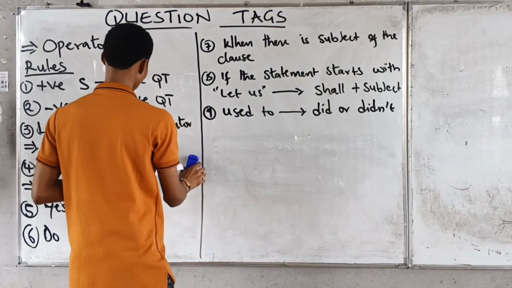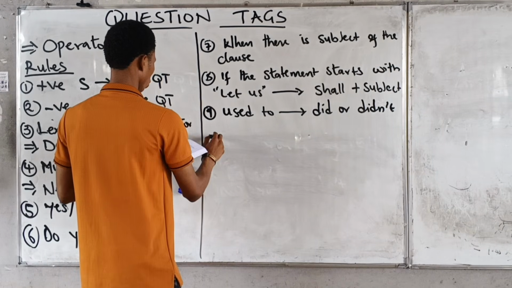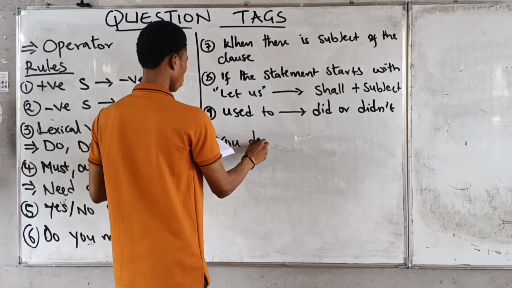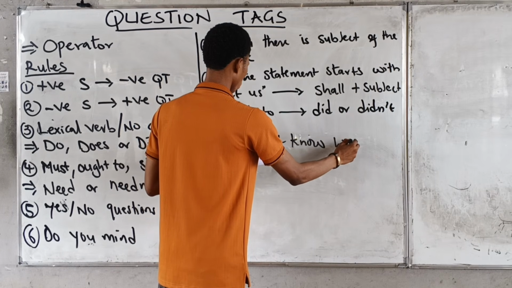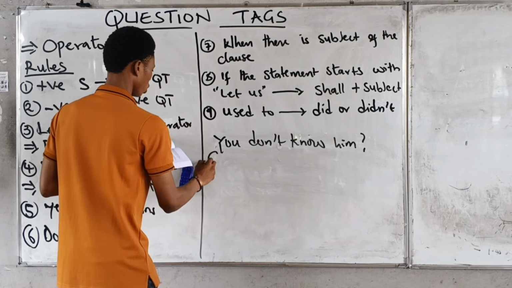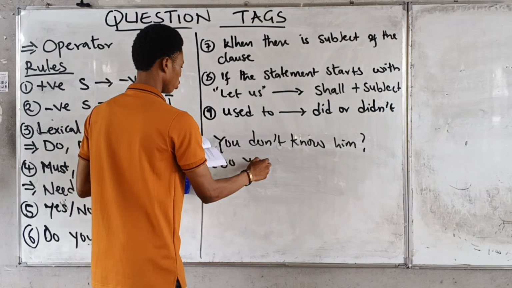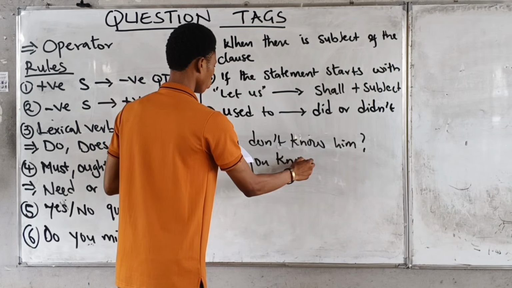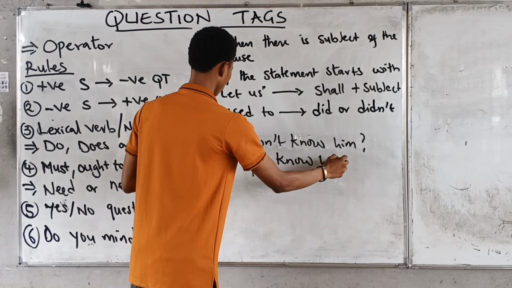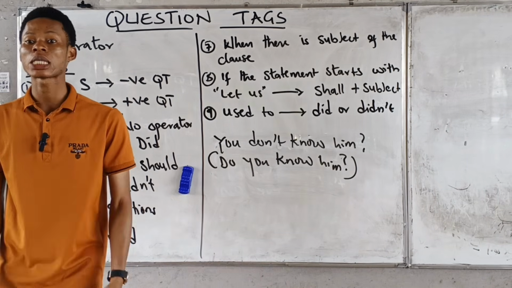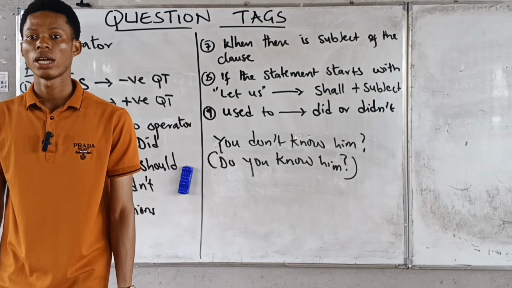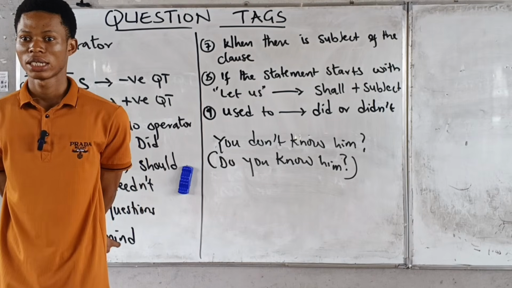Take this example here. You don't know him. Do you know him? Alright, you don't know him. Do you know him? Answer with yes.